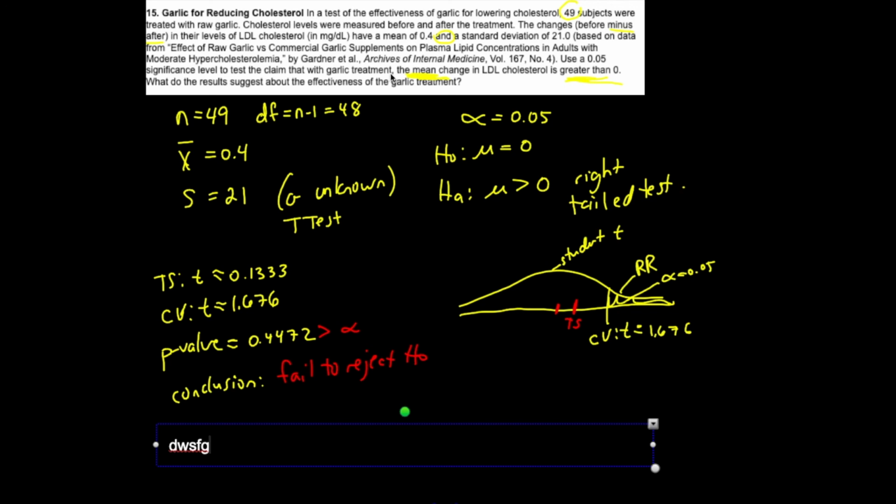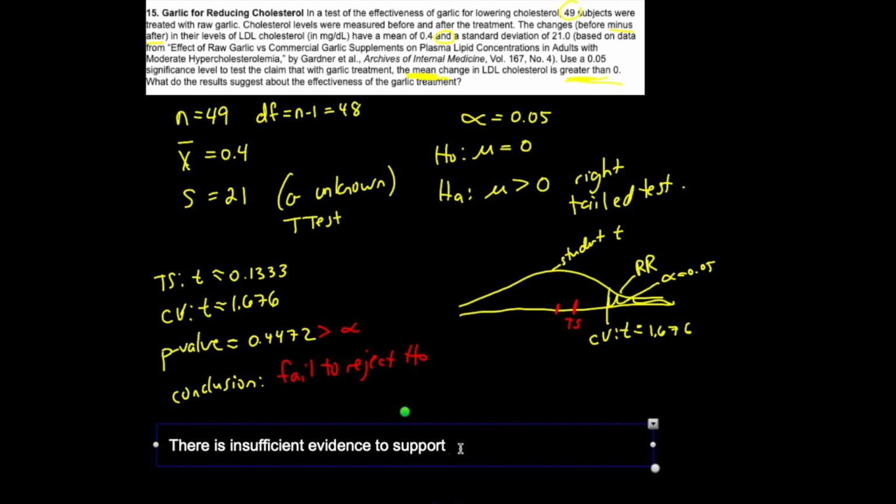So if I am failing to reject the null, then there is insufficient evidence to support the alternative, which says the mean is bigger than 0, which matches the words here.